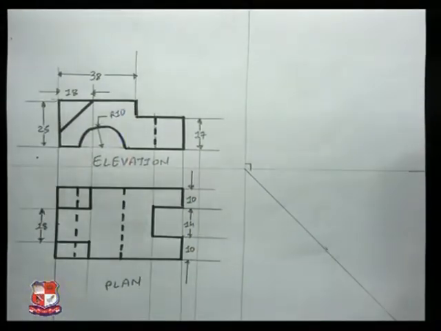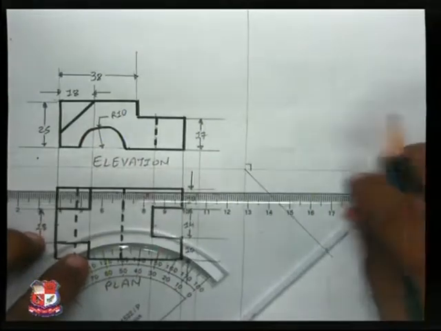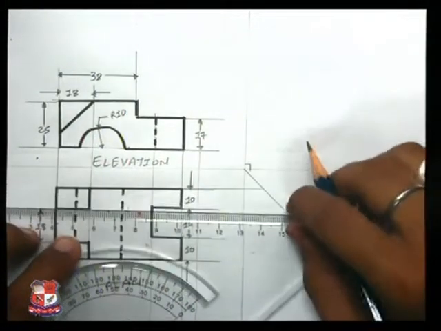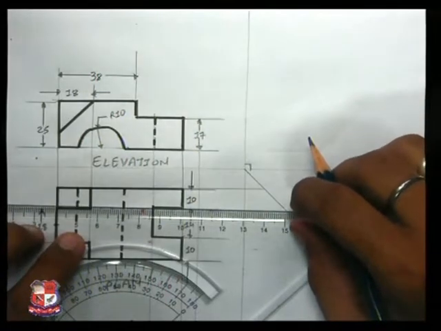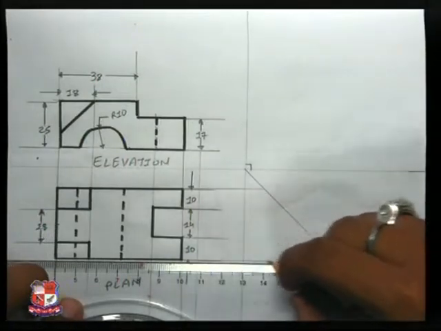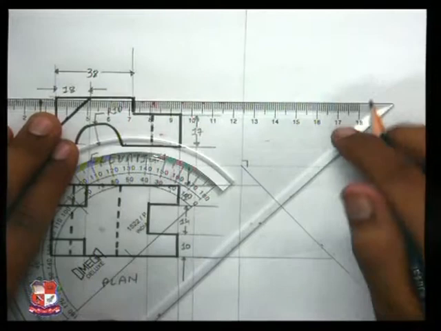Draw a line at 45 degrees which will be used to put the projections of the same. Take all the projections. First of all, just outer projections, so that outer body can be achieved.